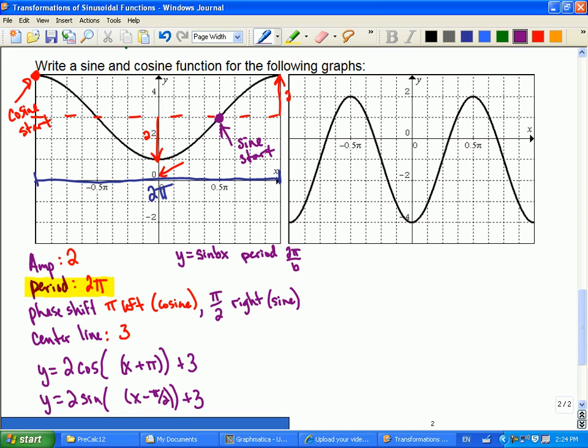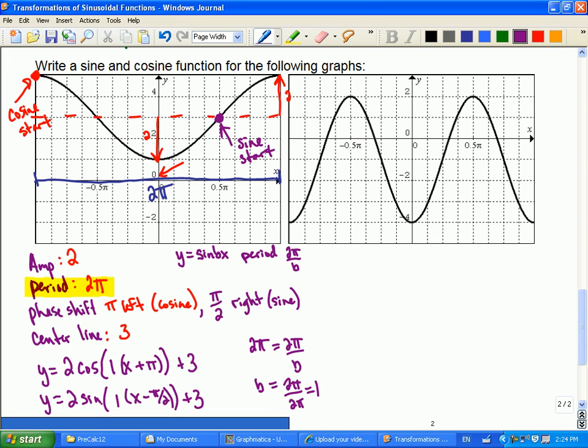So we want to go the other way around then, is we want to know if the period is 2 pi, what's that value for b? Yeah. So in this case, the horizontal stretch factor is a 1. You don't need to write it in, but that's how we find it.